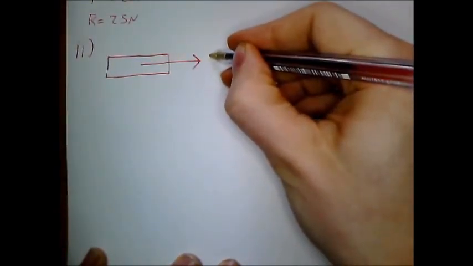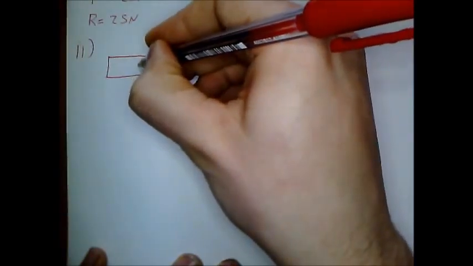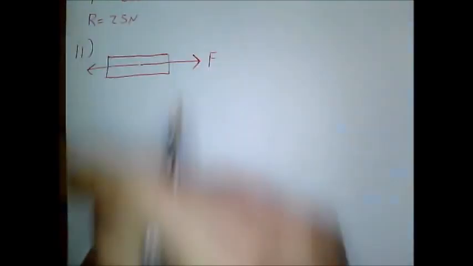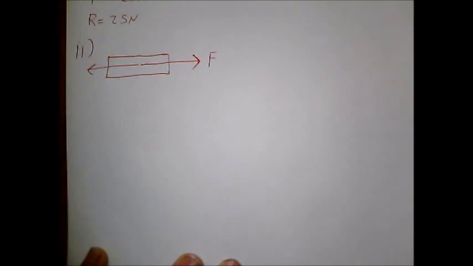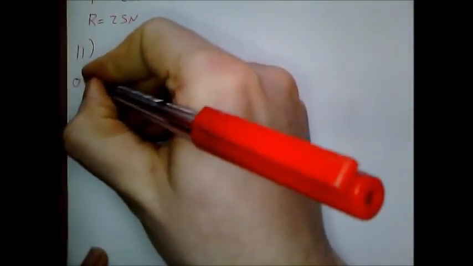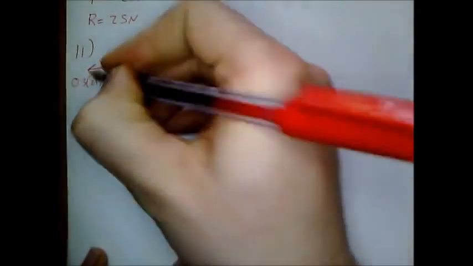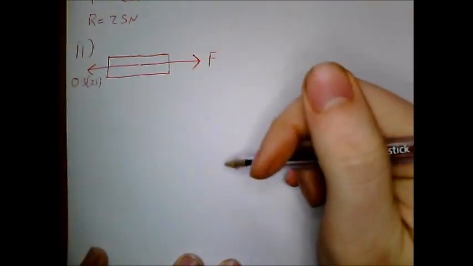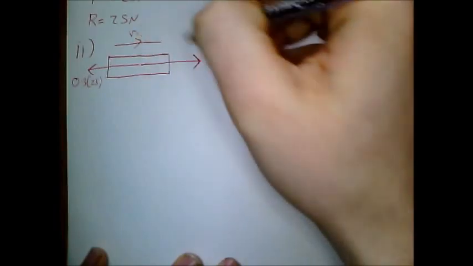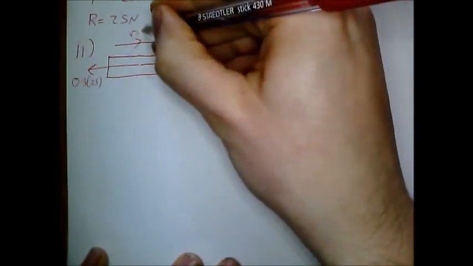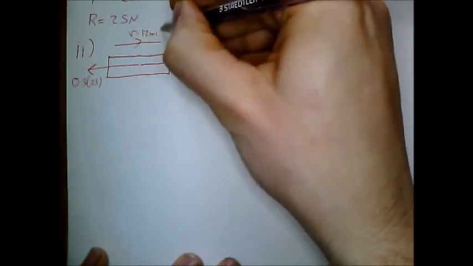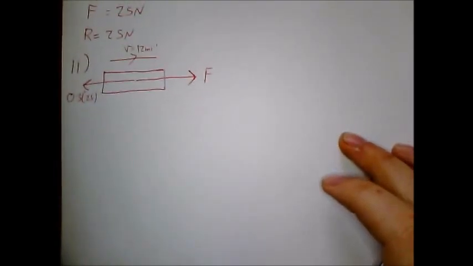So Nicholas has a resistance which is 30% less. He's travelling at the same speed as Marco, which was 12. We want to find the power.